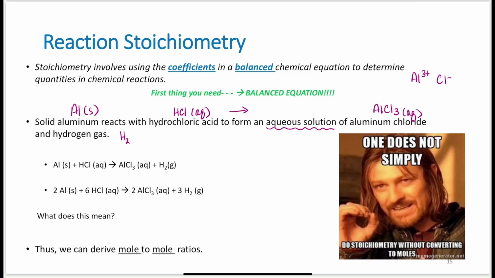Hydrogen is one of our diatomics, so we do have H2 here. So this is what I have written here. But now I need to balance this. Why do I need to balance it? Again, a balanced reaction tells us what is reacting and how many of each species is involved.